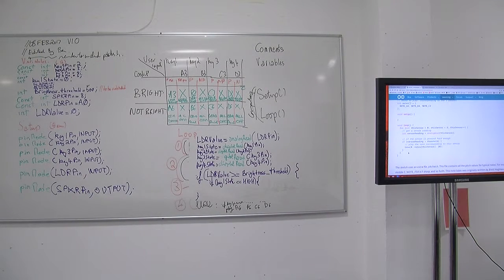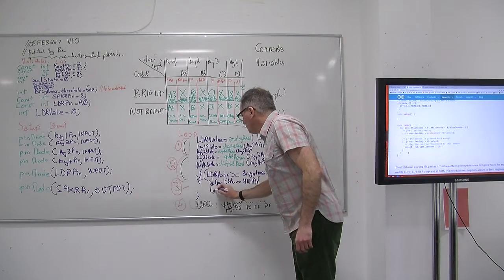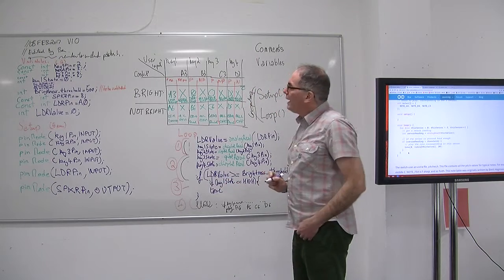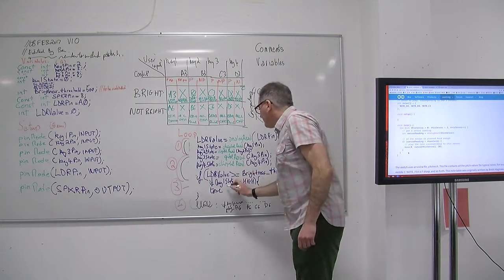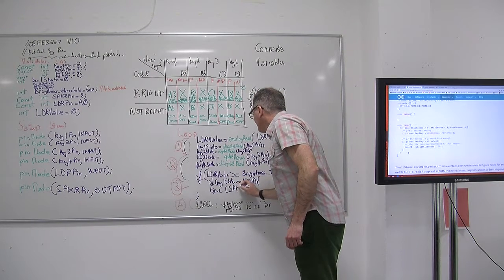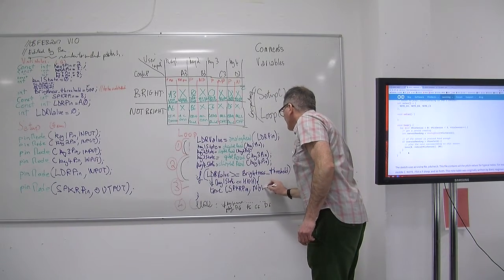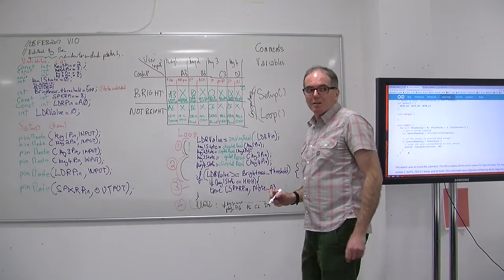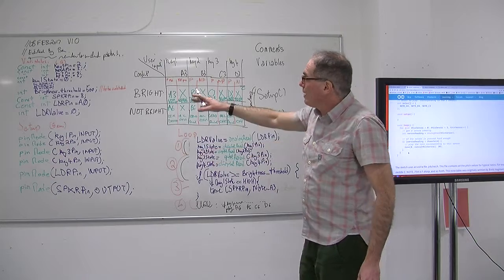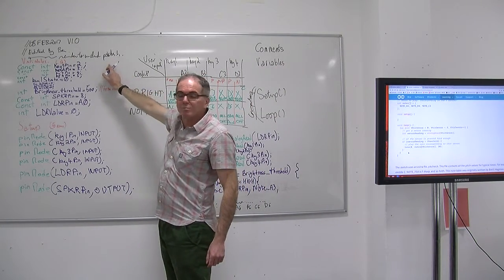Ah, here, it's tone this. So we know the function tone, we just looked at it. So it's tone, and then it's the speaker pin. Speaker pin. Then we said A3, it's note A3, which we know we can do because we've included pitches.h.